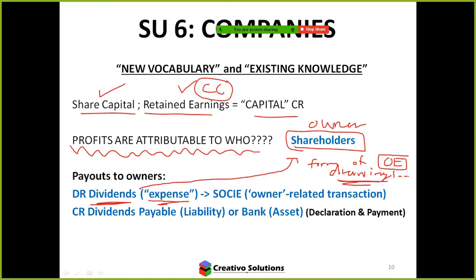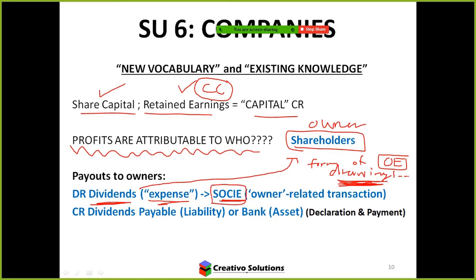So you don't pay dividends before, you pay dividends after. It's seen as an expense, but it's not quite, because companies talk about paying dividends to these third parties, these owners of the business. But it's seen as drawings because it's disclosed as part of the statement of changes in equity.